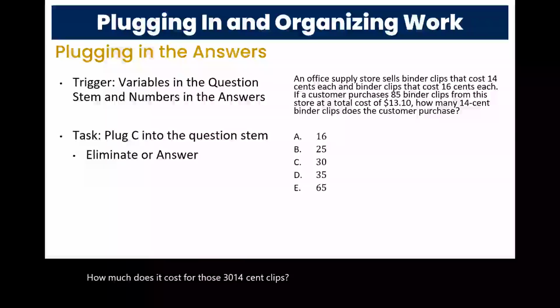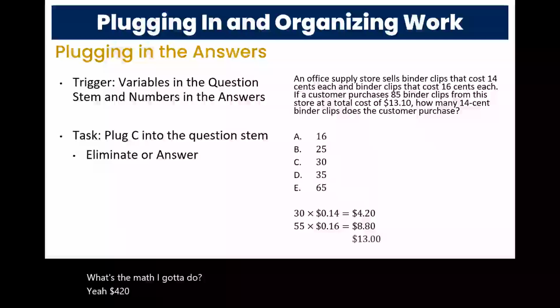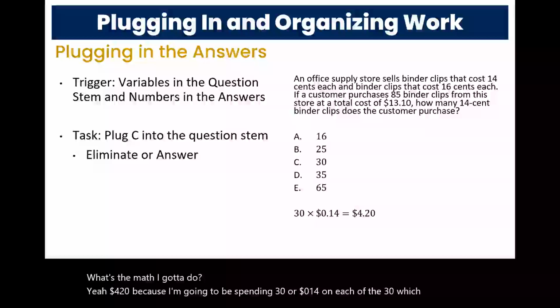What's the math I've got to do? Yeah, $4.20, because I'm going to be spending 14 cents on each of the 30, which means I'm going to spend $4.20.